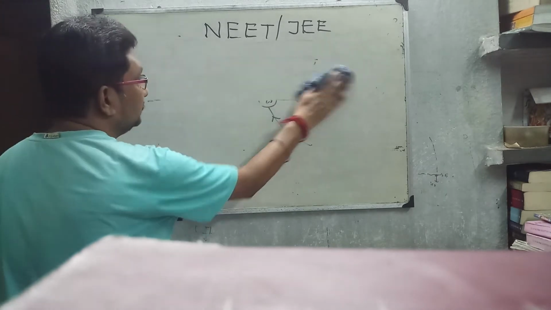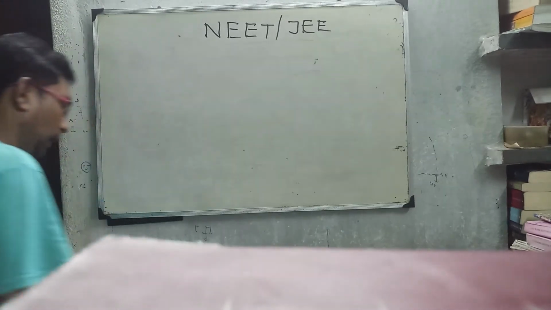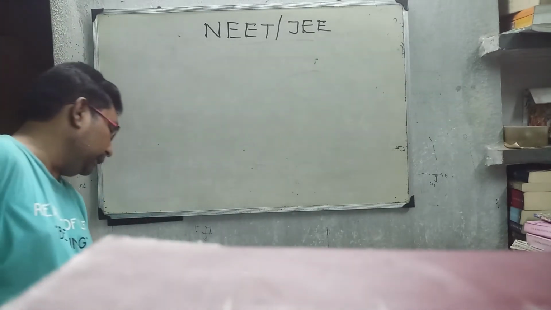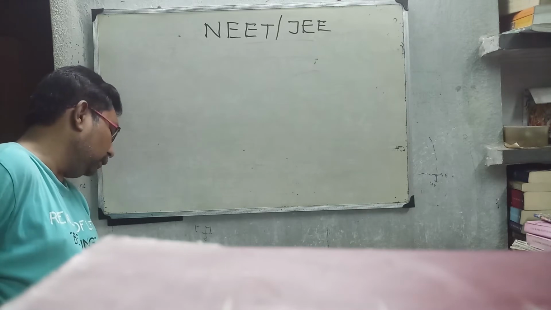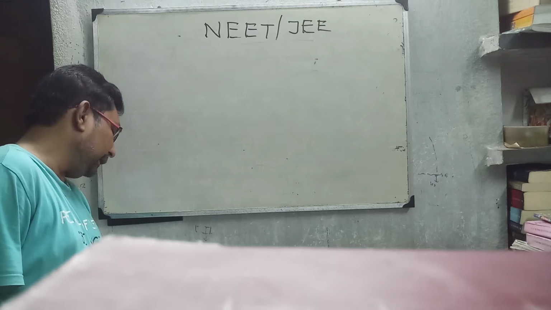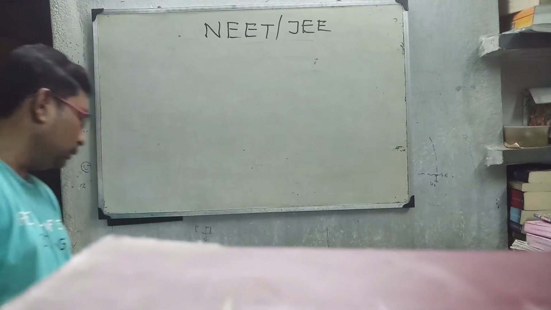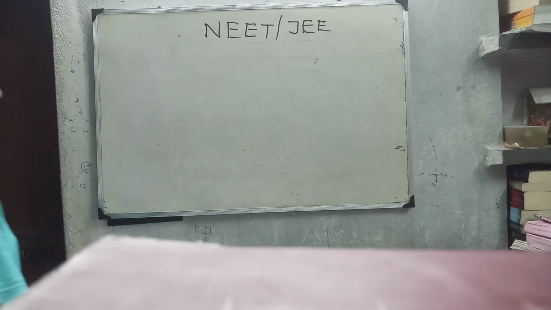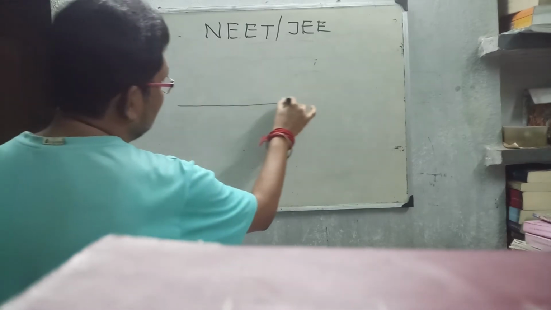Next question. Point charges 4Q, minus Q and plus 4Q are kept on the x-axis at points x equals 0, x equals a and x equals 2a. This is the x-axis.